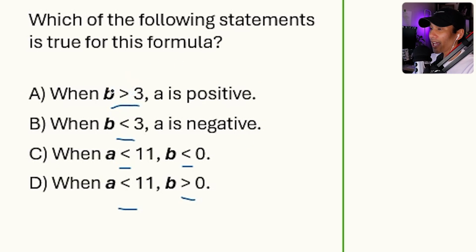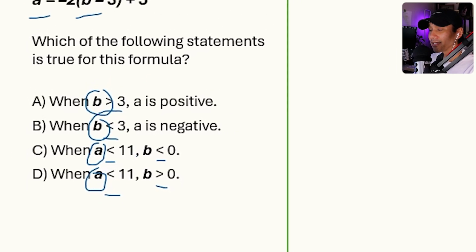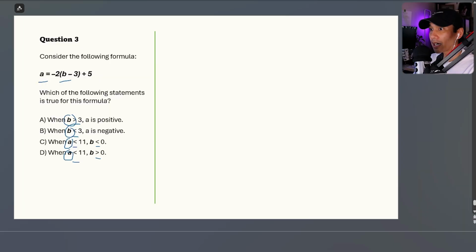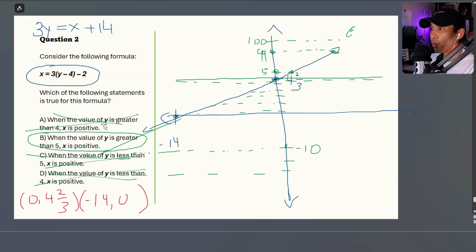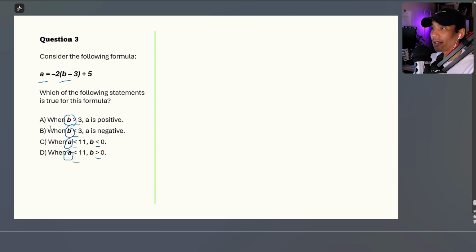Moreover, you're going to have to test the B's and the A's, or the X's and the Y's. In our last problems, we've only tested if Y, then X. In this problem, it's going to switch. It's going to be if B, then A. And then if A, then B. You feel me? This is going to be hard.